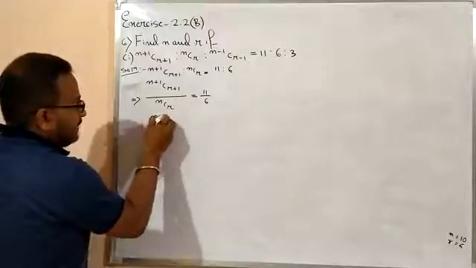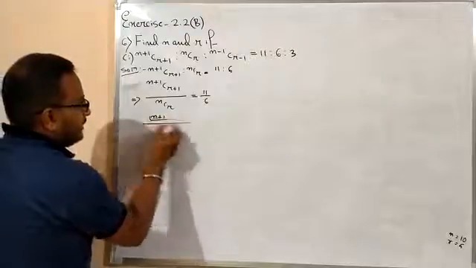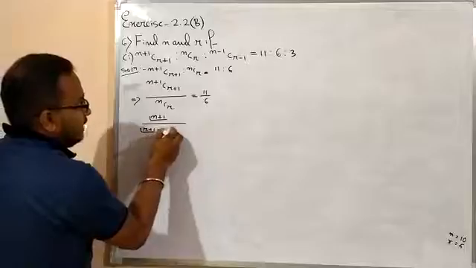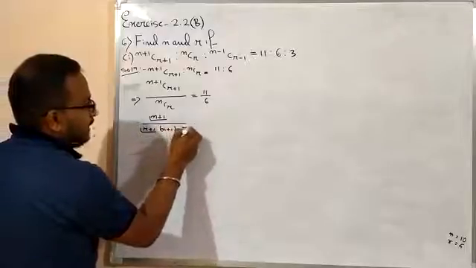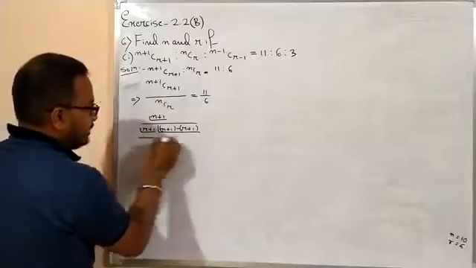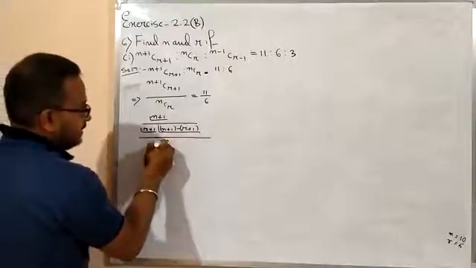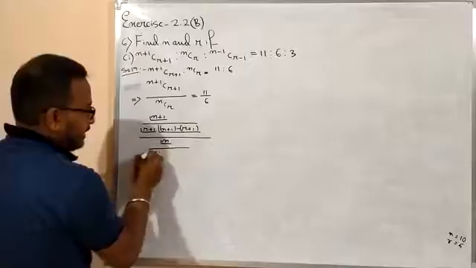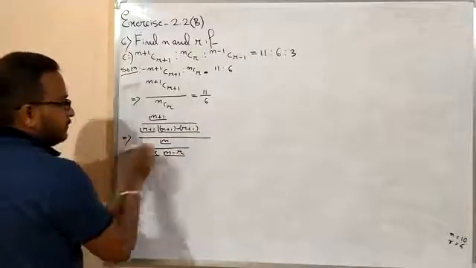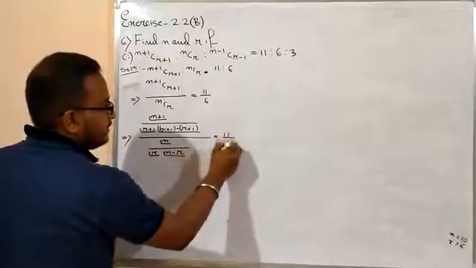It will be n plus 1 factorial divided by factorial r plus 1, then factorial n plus 1 minus r plus 1, whole thing divided by factorial n by factorial r into factorial n minus r. It is 11 by 6.